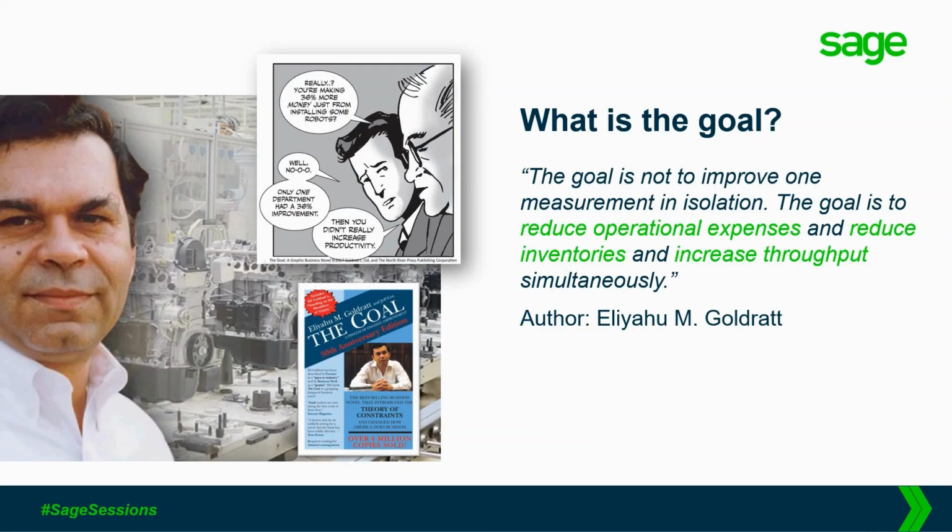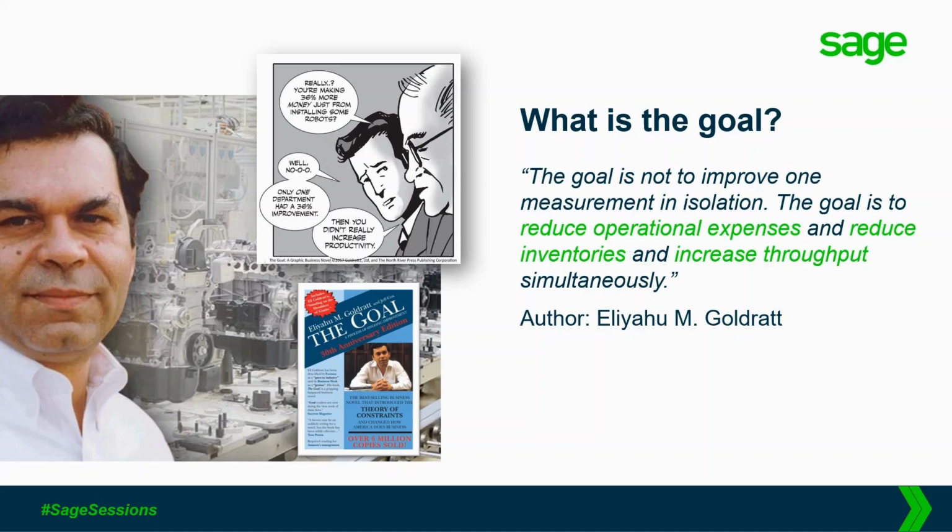Before we close, I want to mention that many of the concepts we discussed today are outlined in the book The Goal, written by Eli Goldratt. Eli Goldratt is the father of the theory of constraints, which states that any manufacturing environment is a series or chain of interdependent events. Within that chain is the weak link or constraint that limits the production process.